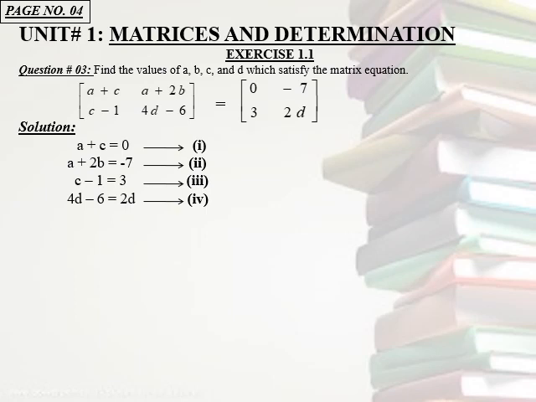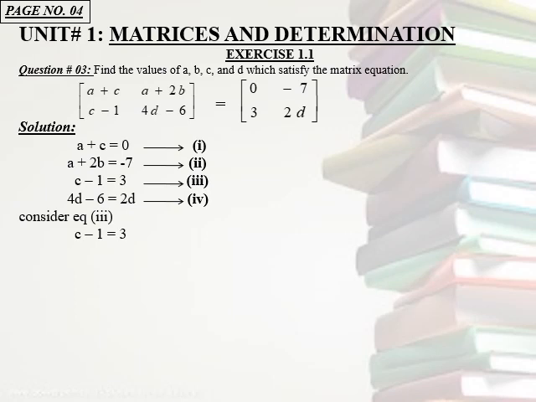In order to find the values, first of all I will consider equation 3, that is, c minus 1 is equal to 3. Here the question is, why am I taking equation 3 first? It's because we have only one unknown term in it, which is c. We can find its value easily. It's not compulsory to find values alphabetically.